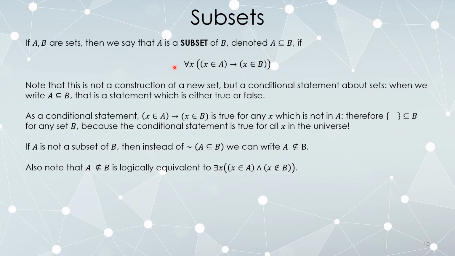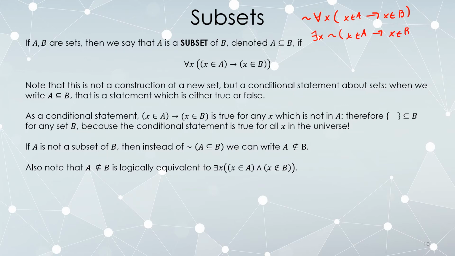Let's look back up here at the original definition of a subset and see why that's true. Suppose I have a negation plopped right out here. If I negate a universal quantifier, I can transform it into an existential quantifier on a negated statement. In other words, the negation of all of this will be equivalent to the existential statement of this negation.